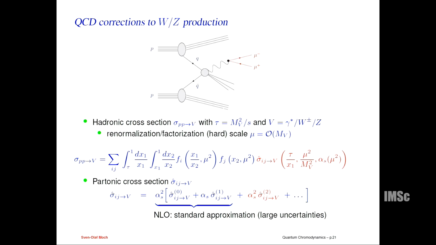We have two parton distributions, one for the incident proton 1 and one for the incident proton 2. Out of the first proton we pull a parton i, out of the second one a parton j. We sum over all the combinations that exist, and multiply with our hard partonic scattering cross-section for partons i and j producing a vector boson.